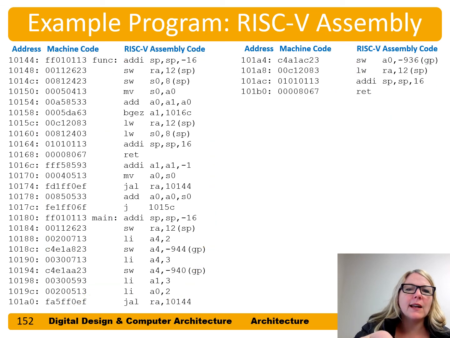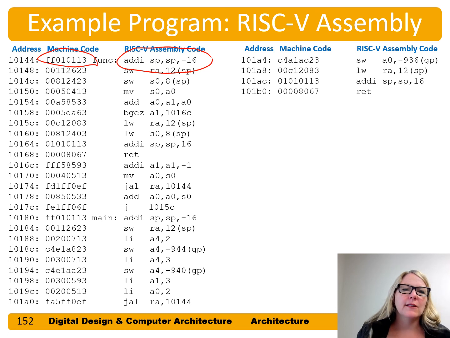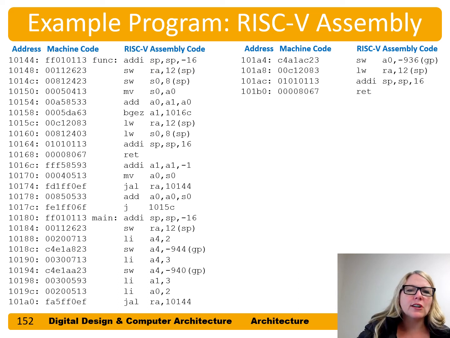For example, the add immediate SP, SP, -16 has the machine code hex FF010113. And at this point, these pseudo instructions are converted: return is converted to JR RA, the move instruction is converted to the add immediate instruction, and so on.